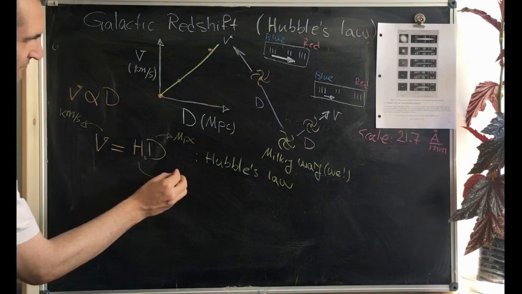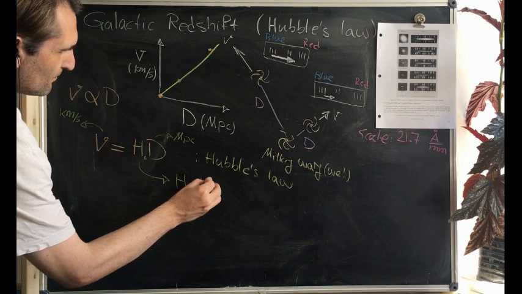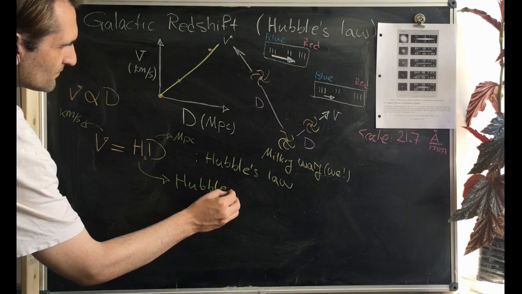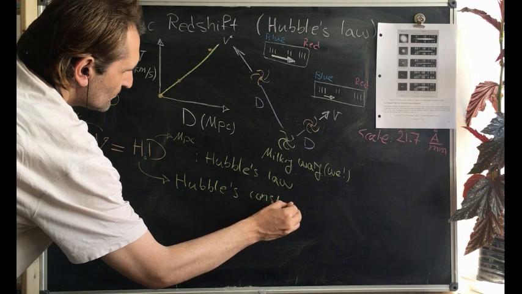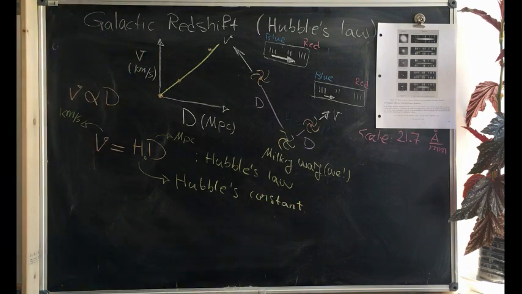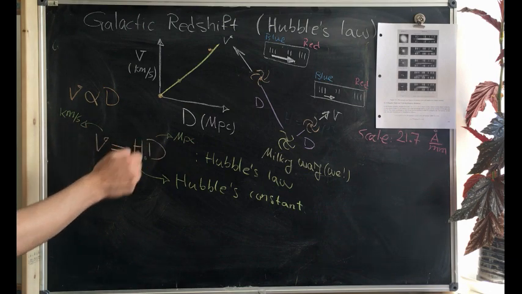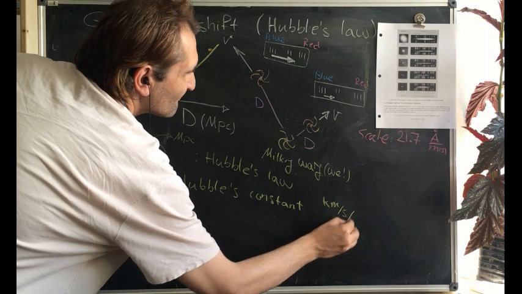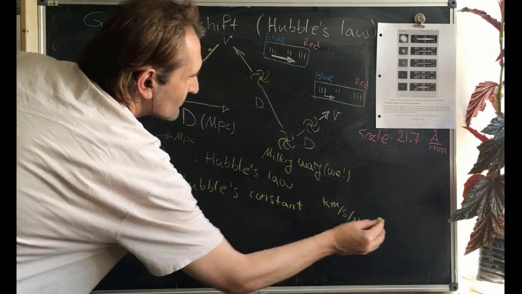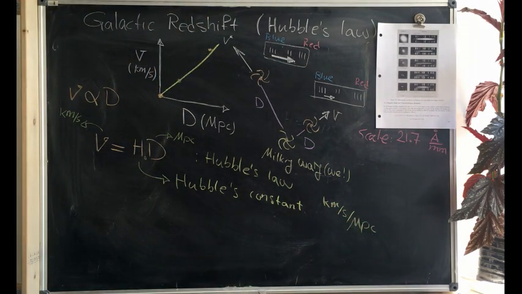We need a constant. This constant is h, and it's called Hubble's constant. Sometimes we put a small circle just to make sure this constant is for this time, but all are the same, h or h naught. And for Hubble's constant, we have kilometers per second per megaparsec.